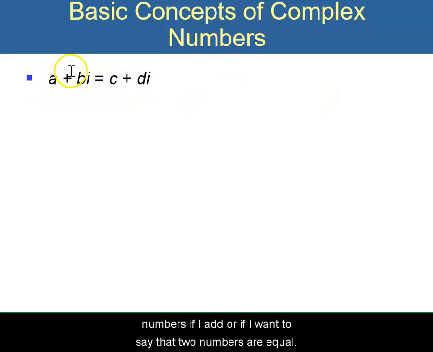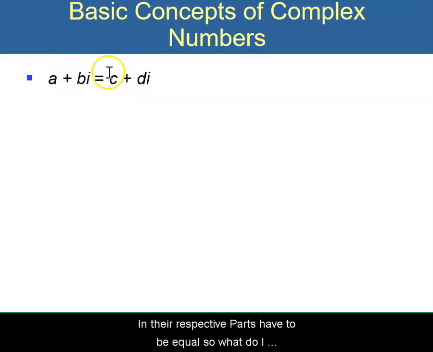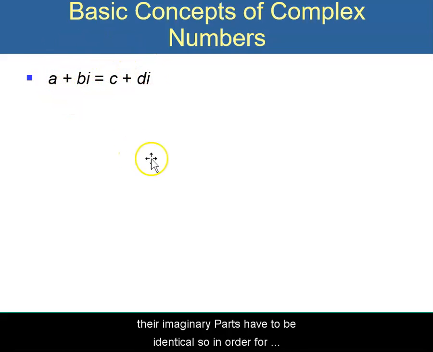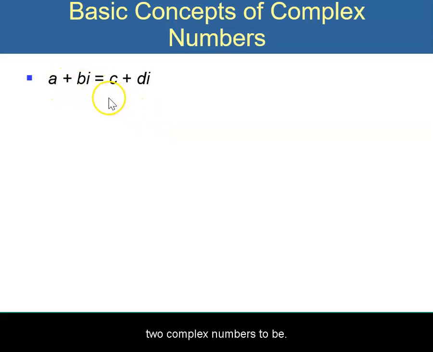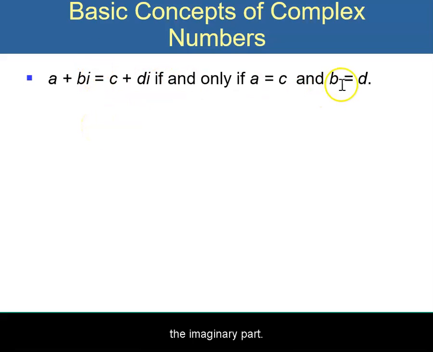If I want to say that two numbers are equal, then their respective parts have to be equal. So what do I mean by that? I mean their real parts have to be identical and their imaginary parts have to be identical, okay? So in order for two complex numbers to be equal to each other, the real parts have to be equal and the imaginary parts have to be equal, right?